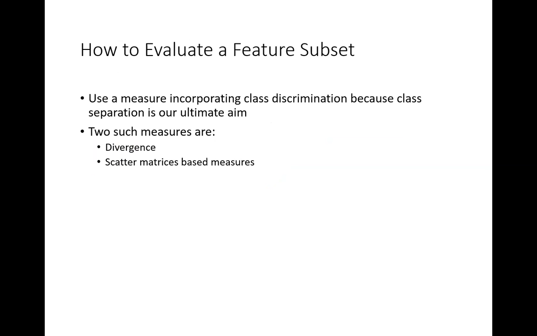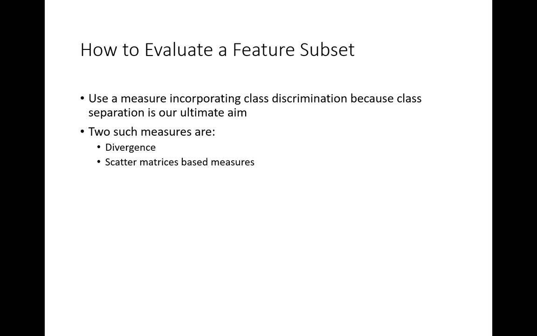So there are two important components in this process. Number one, a way to figure out how to pick a subset. And number two, how to do an evaluation of a given subset. How to figure out whether a given subset is really good or not. All right. So what we need is some kind of measure which tells us whether a subset is good or not.